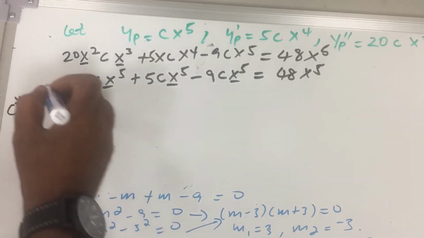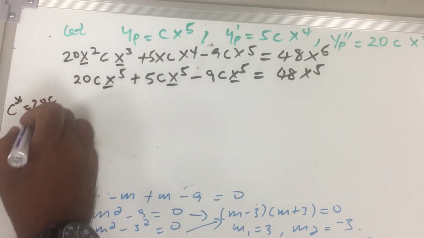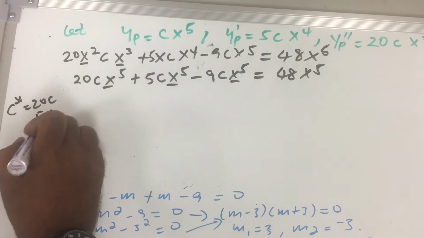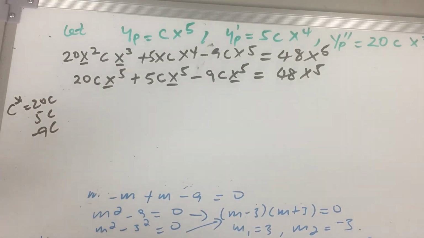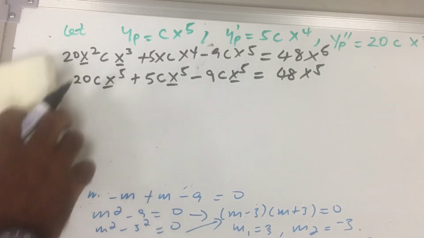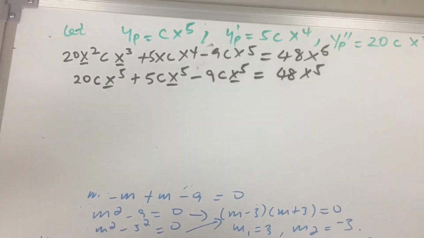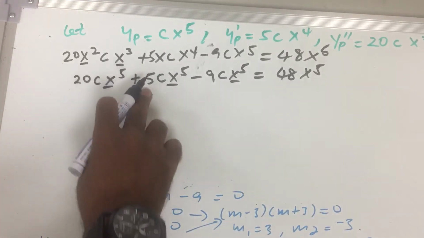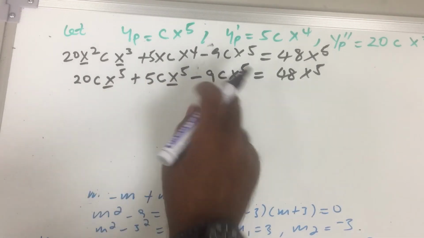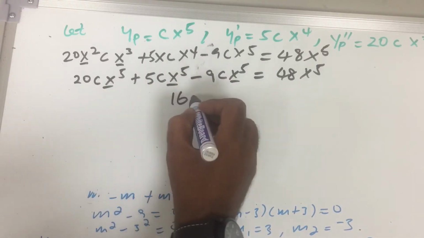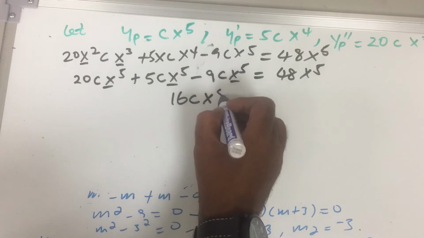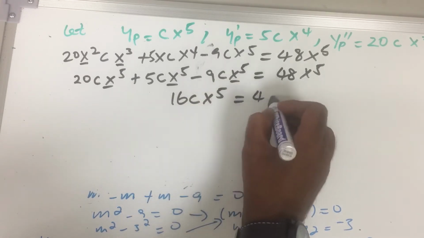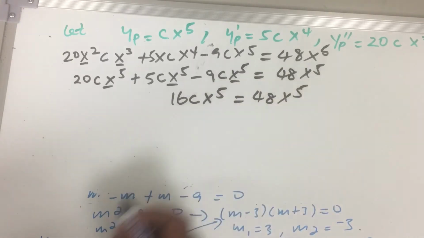C is a constant, and the number beside it is also a constant. So 20 plus 5 minus 9 is 16, giving 16c x to the power of 5 equal to 48 x to the power of 5.